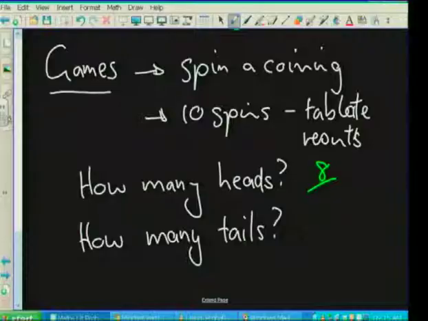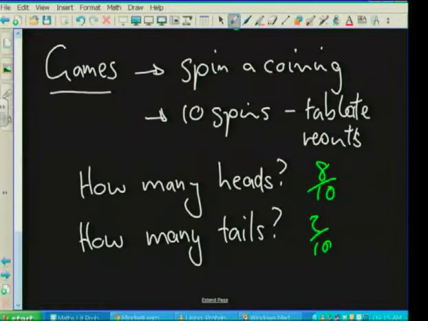You might find in a particular situation, one learner, just purely by chance, might say, well, we managed to, without trying to cheat the system, get 8 out of 10, and we only got 2 out of 10.